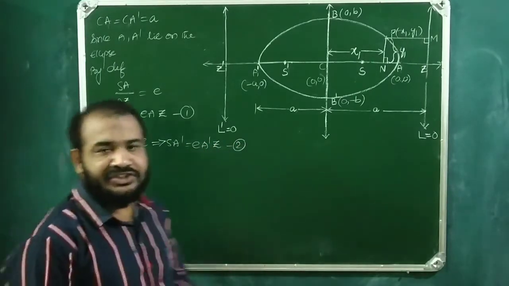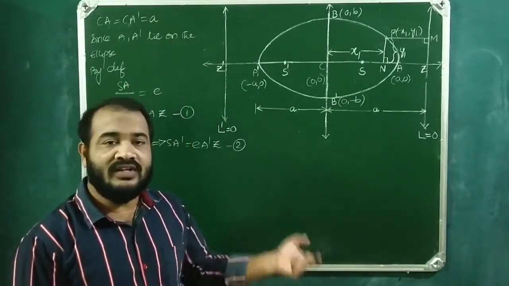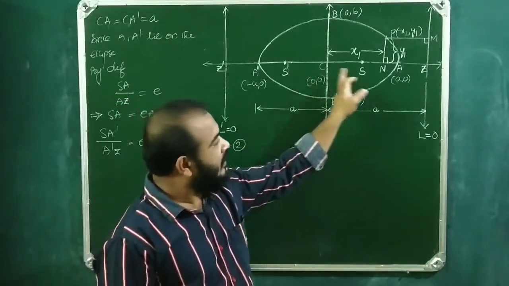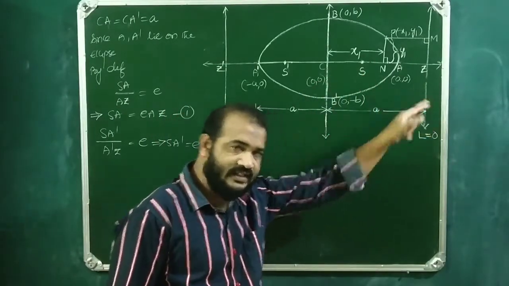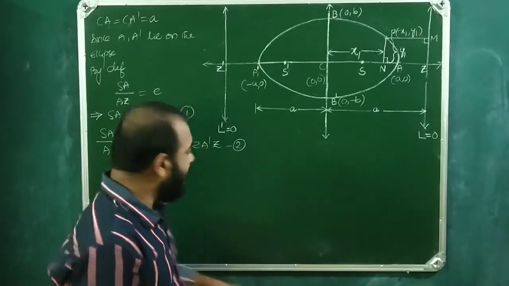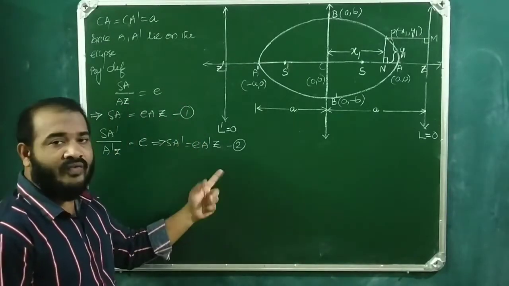Now our intention is to find out the distance between the center to the focus and center to the directrix. For this, I will add 1 and 2 and subtract 1 and 2.